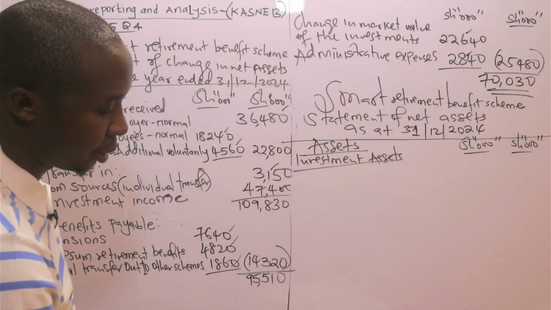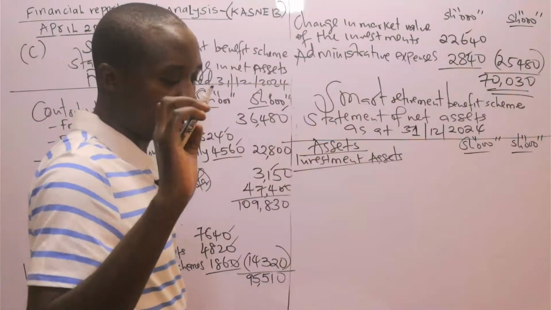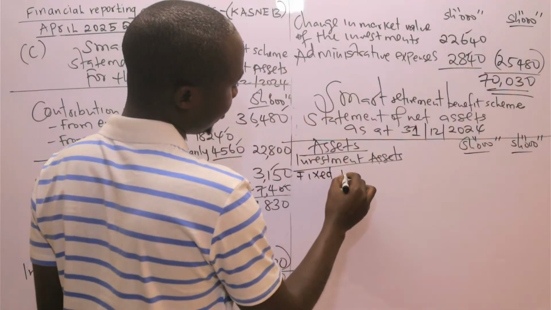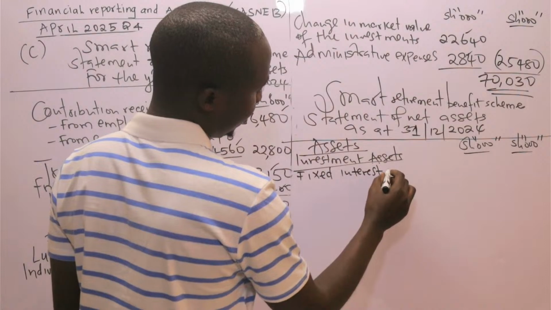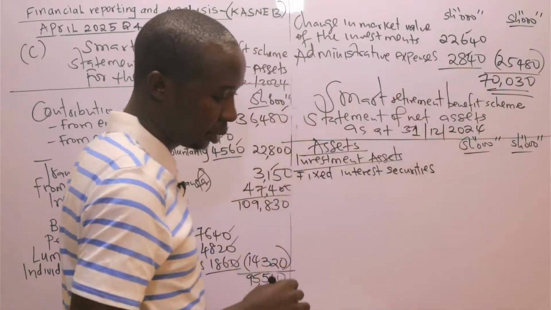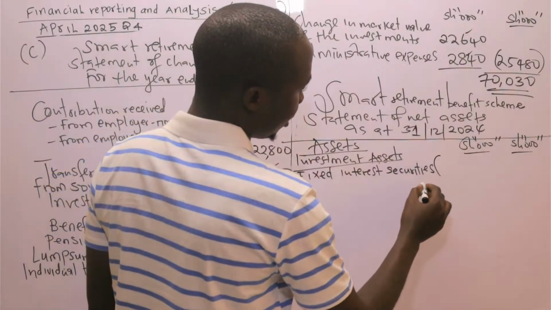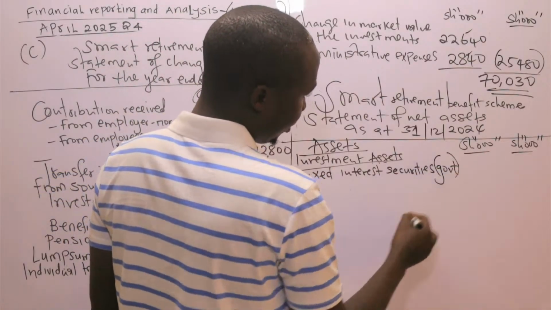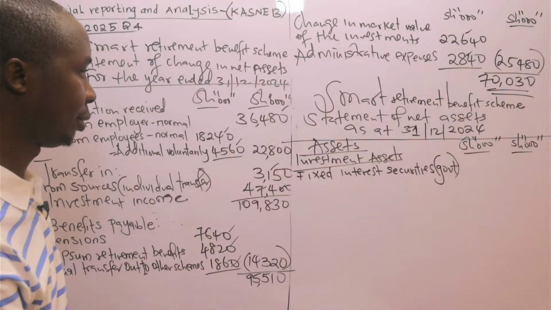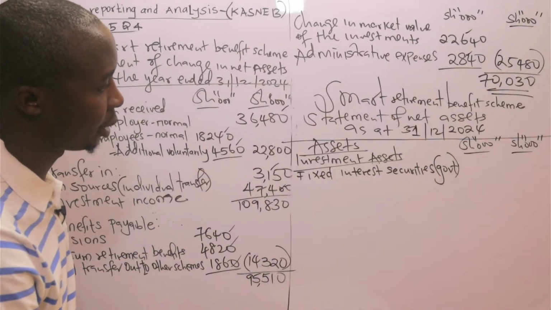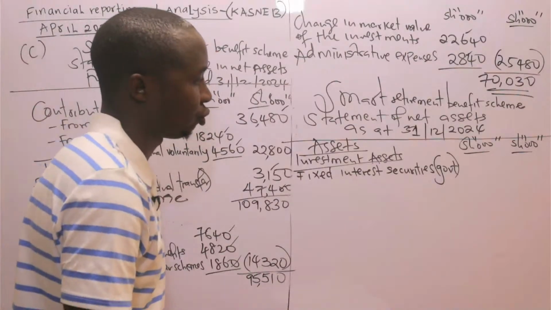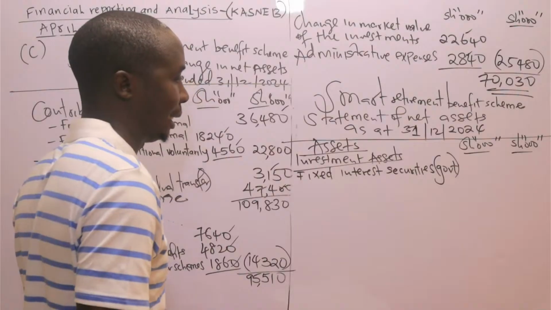So the investment assets: they did investment assets in fixed interest securities. That is government, maybe the bonds. Bonds or bills, treasury bills or treasury bonds. So the fixed interest securities, you know them.